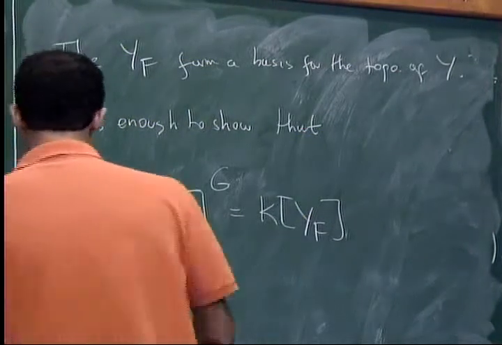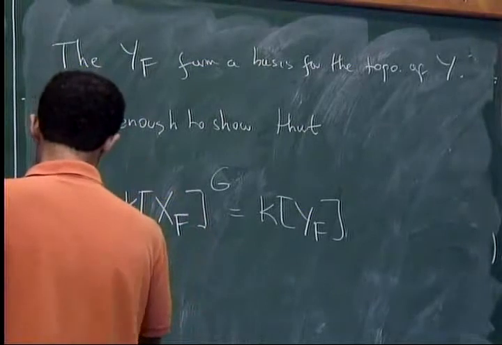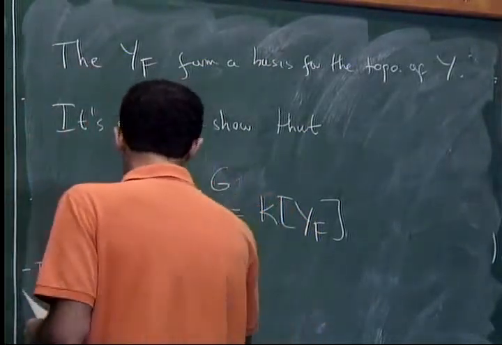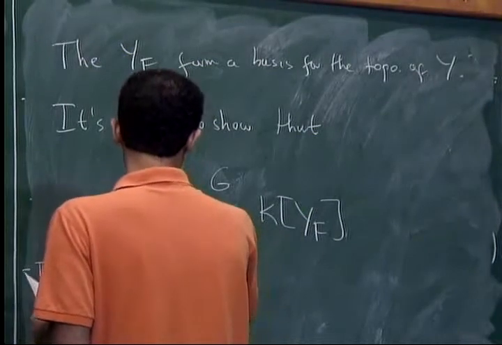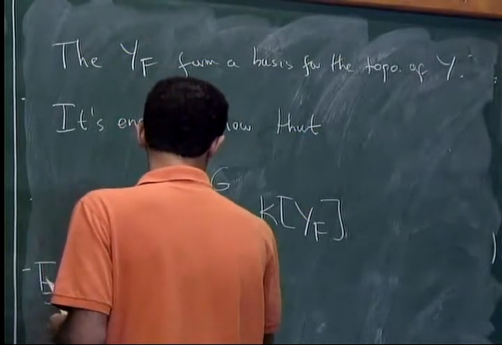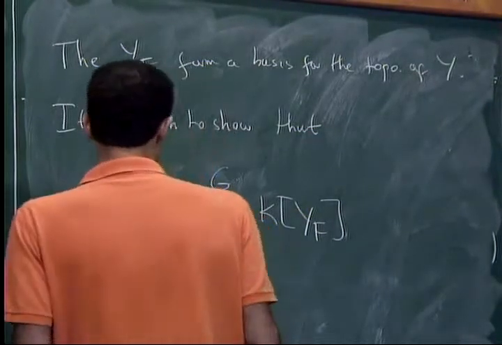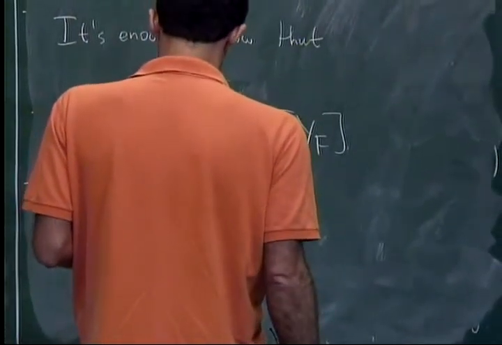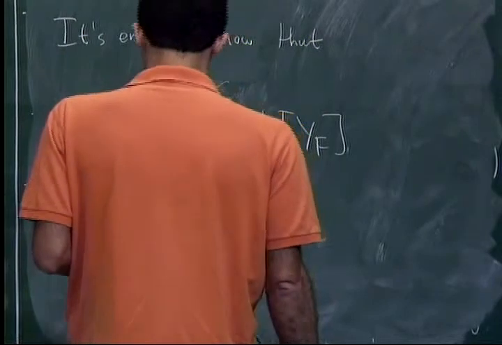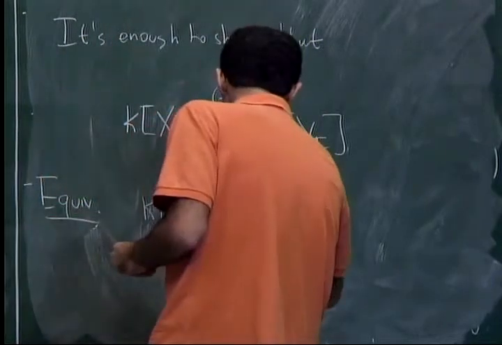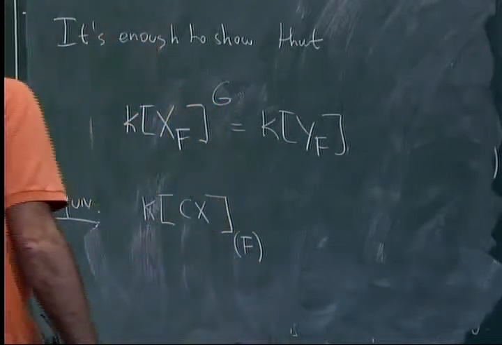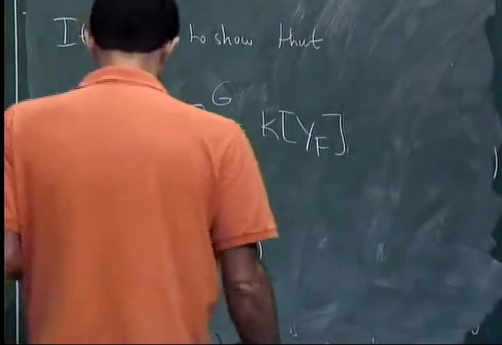Or equivalently, since this is an open subset, what we have here is the cone of X, the coordinate ring of X, and we localize at F, picking just the quotients of degree 0.